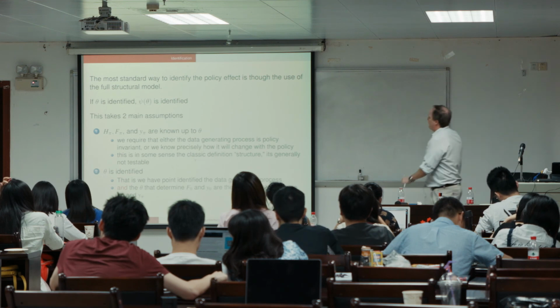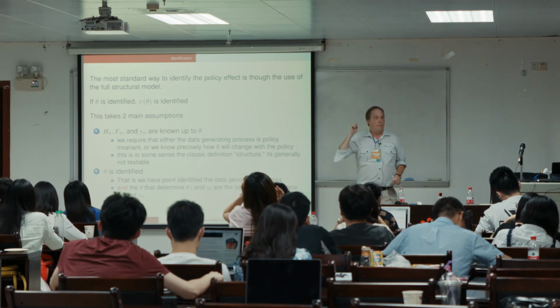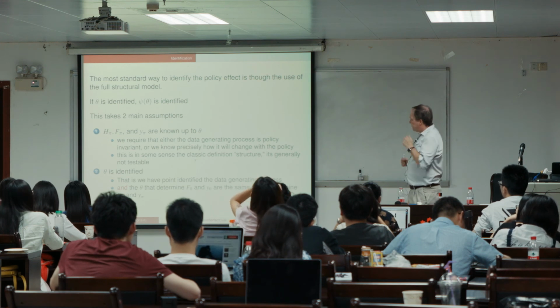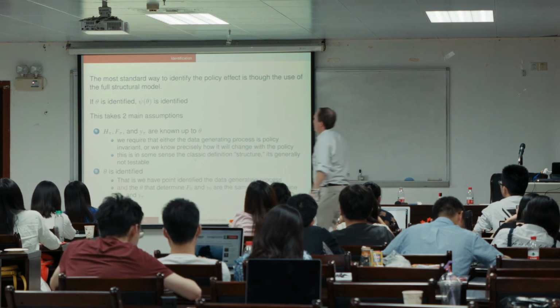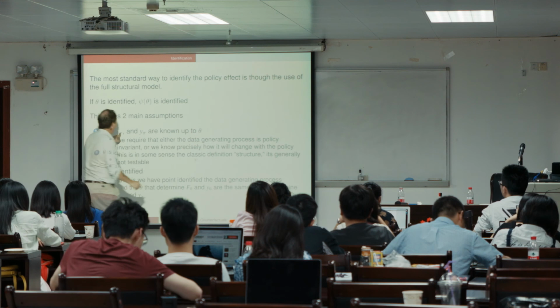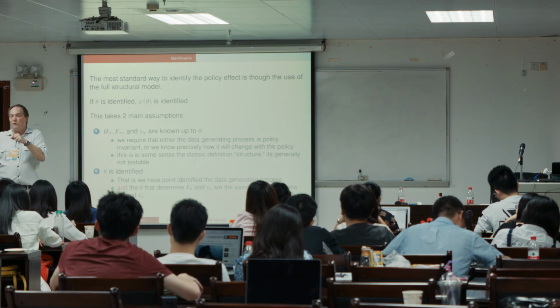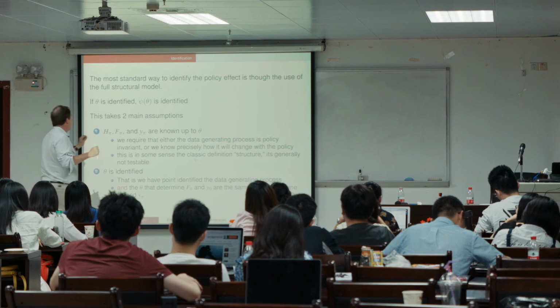Essentially, what I need for identification of a policy that's never been implemented is two main assumptions. The first assumption is that h pi, f pi, and y pi are known up to theta. So theta was my data generating process before, the parameter indicating the data generating process.